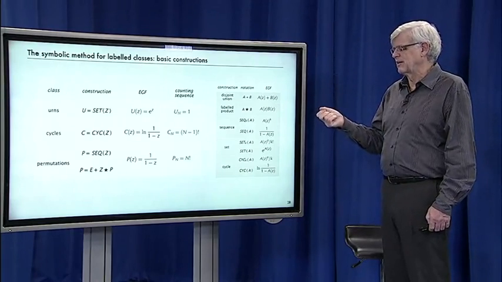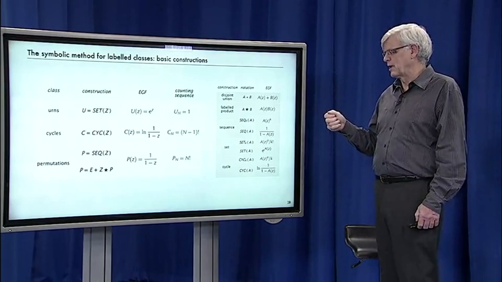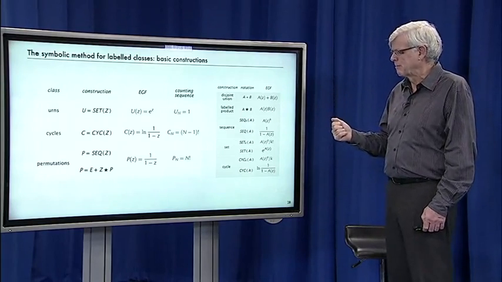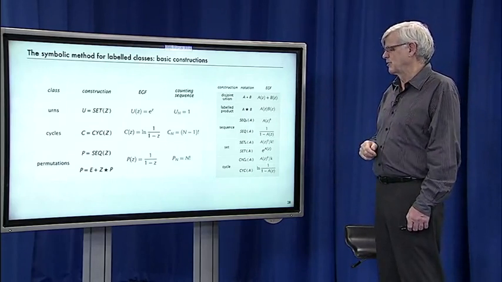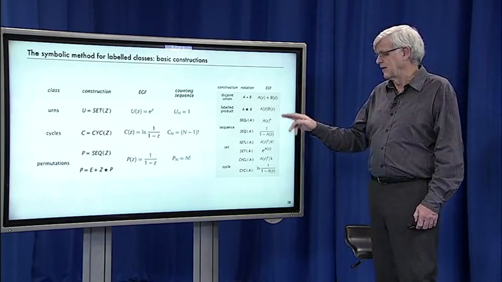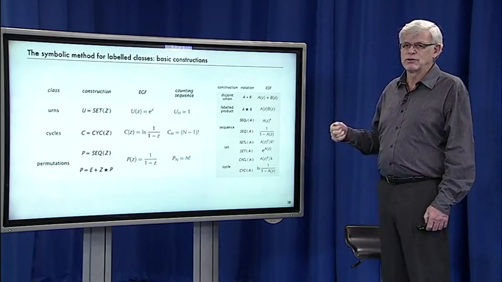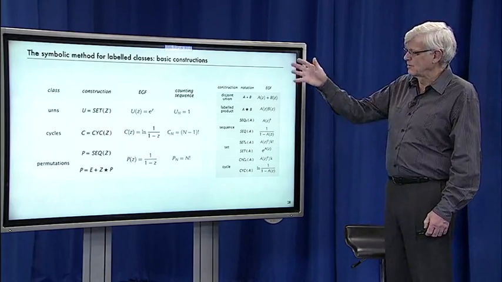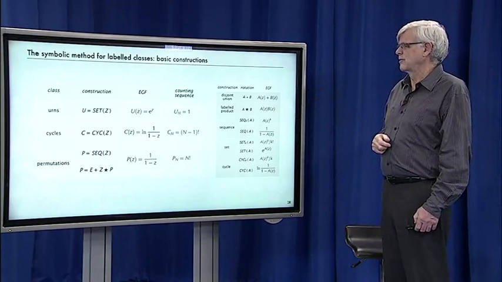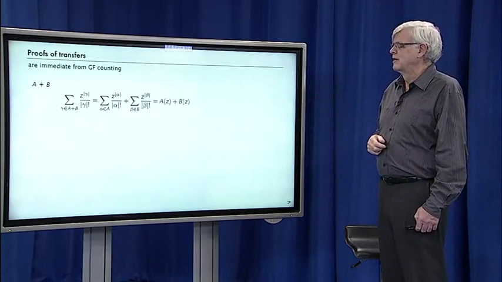That immediately translates to P of z equals 1 plus z times P of z, and then solving for P of z gives the same result. And then the counting sequence is n factorial times the coefficient of z to the n in that, which is just n factorial. So those are just the starting point for some basic constructions.